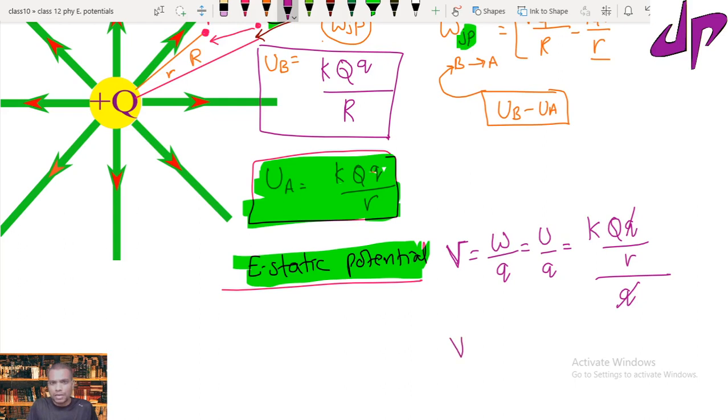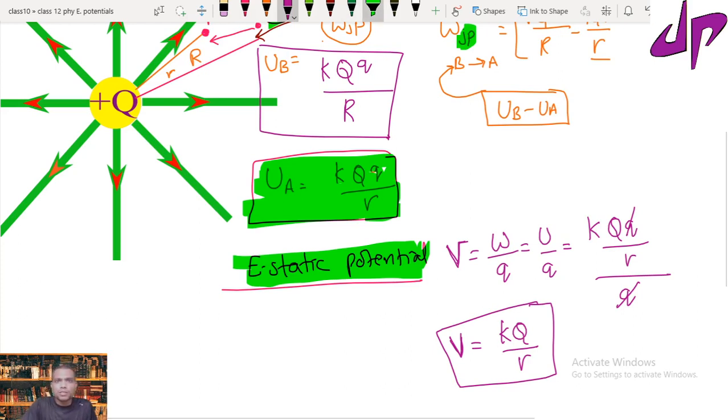So the electrostatic potential, or electric potential, in simple words, at a point in an electric field is defined as KQ upon r. This is the electric potential value in an electric field.